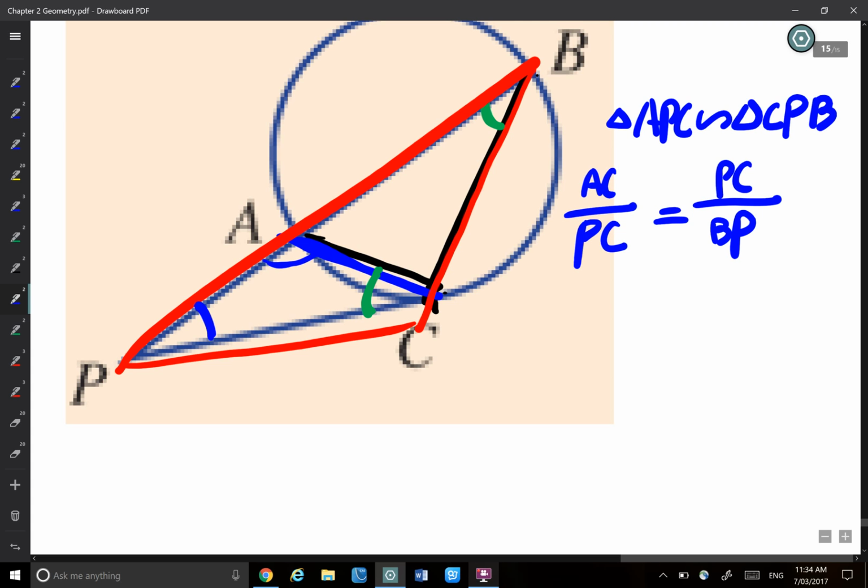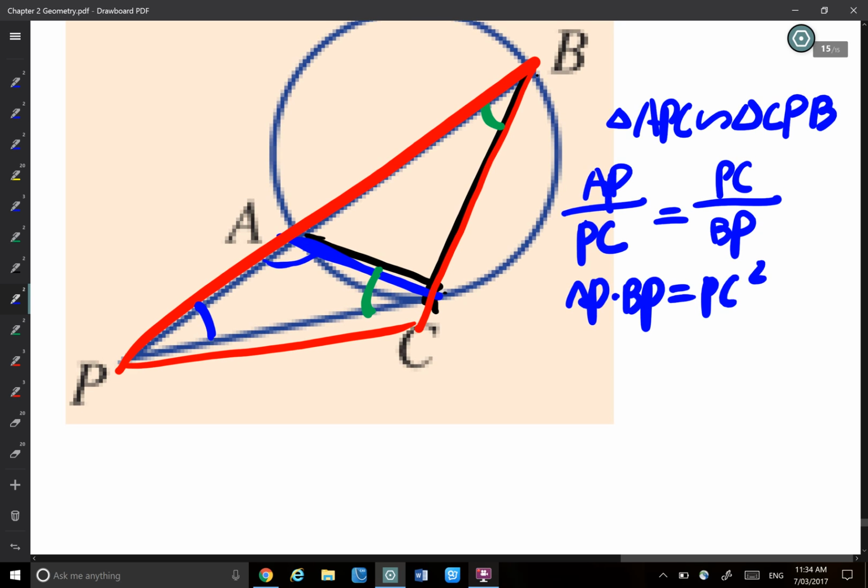That's AP over PC. So you have AP times BP equals PC squared.